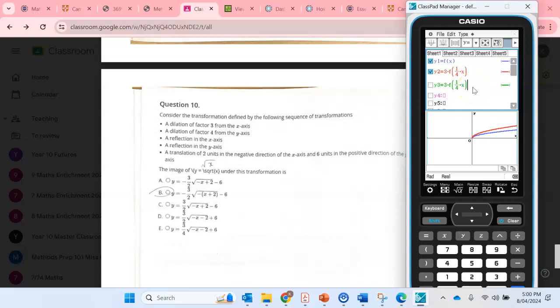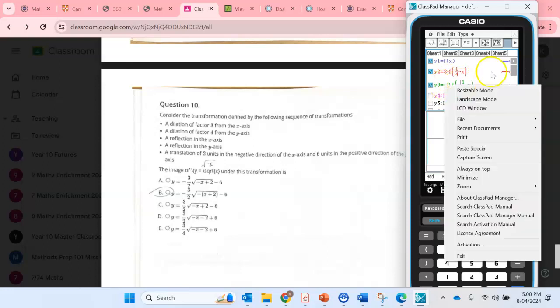Okay, a reflection in the x-axis and a reflection in the y. So that's going to be multiplying our f of x, so the negative multiplying the 3, and then a negative here as well. So you can see there's your reflection in the x-axis.